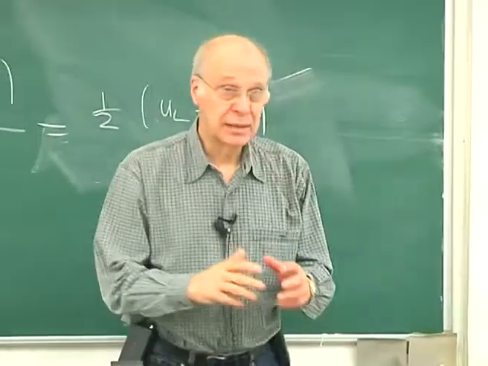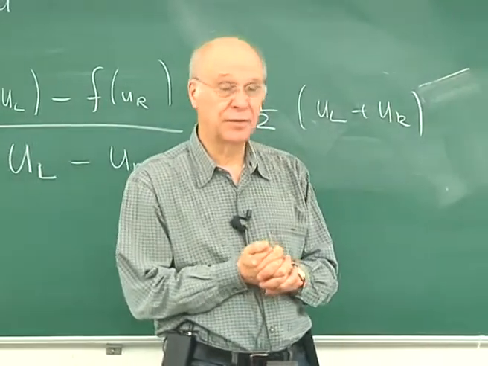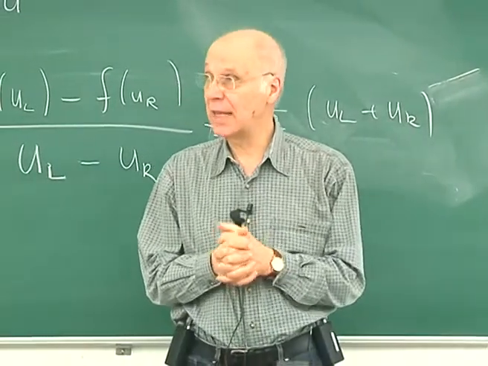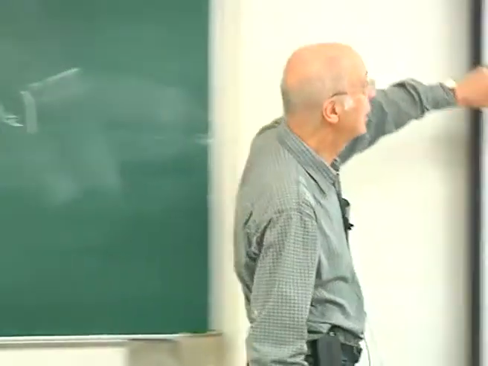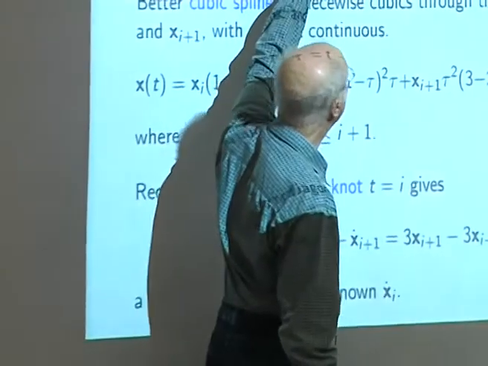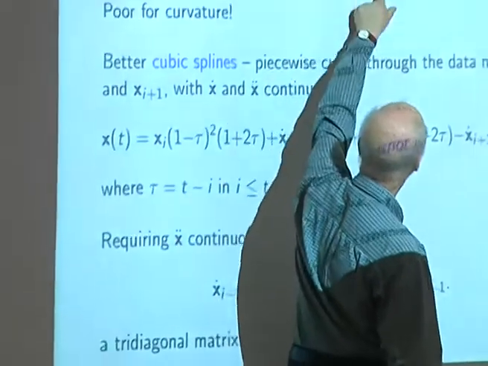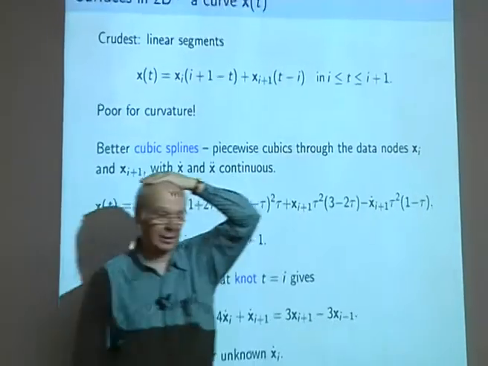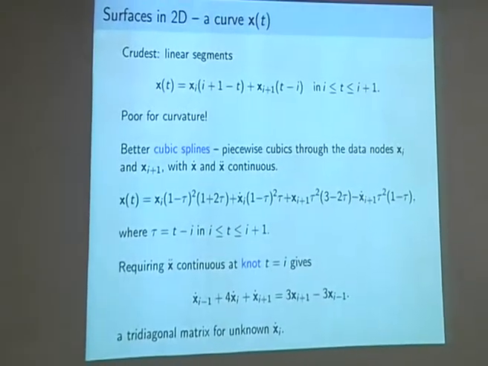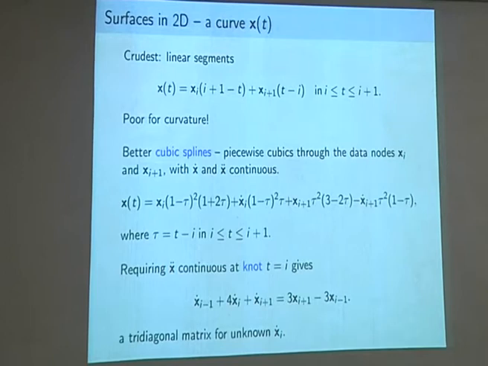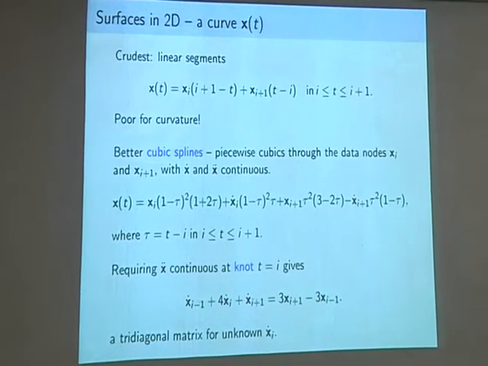And then the simplest representation of the surface is just to have straight line segments between the known points. So this is a linear function of t that vanishes at one end. This is a linear function of t that vanishes at the other end. So that combination of linear terms varies between x_i when t is i and is x_{i+1} at t equals i plus 1.